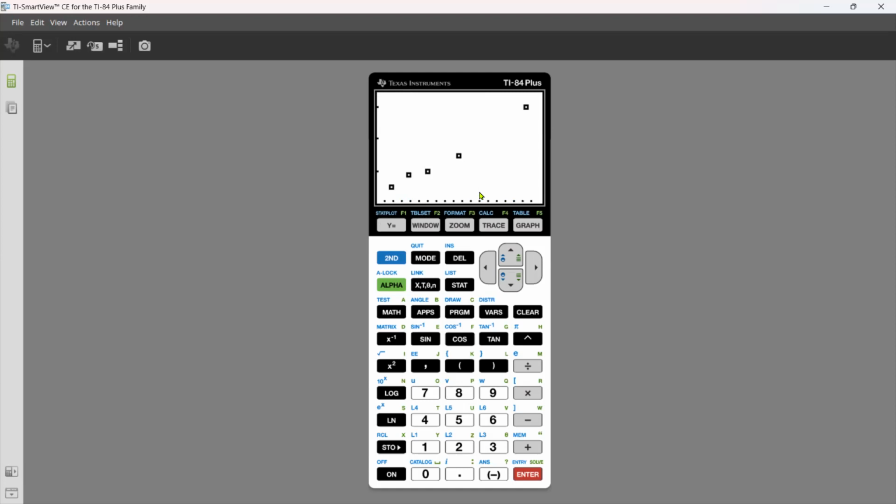I just want to point out something here. If you go to your window, it will give you a window here. This is the window that my calculator used. Yours might use a slightly different window depending on how it calculates the approximation.